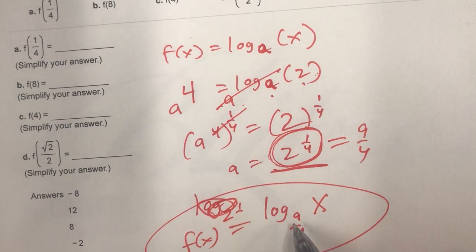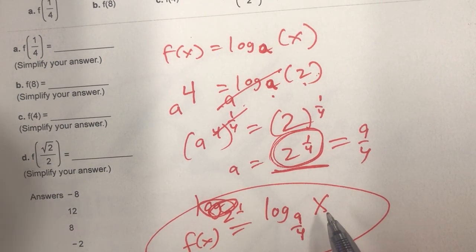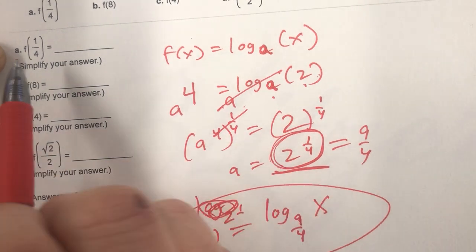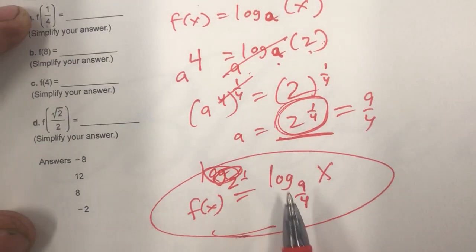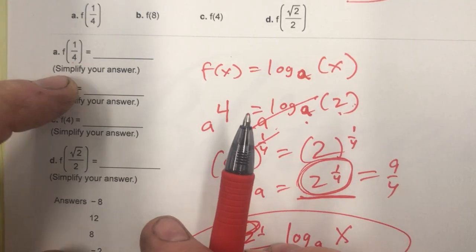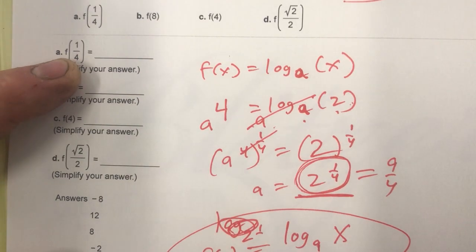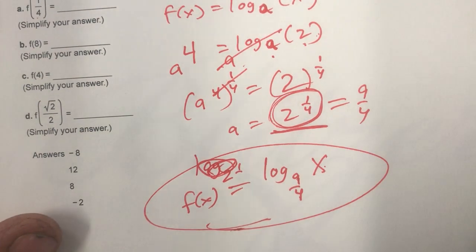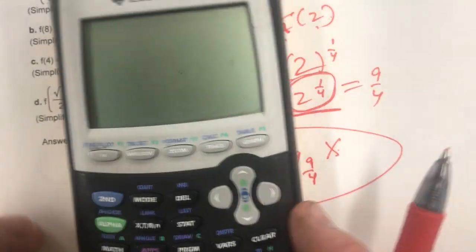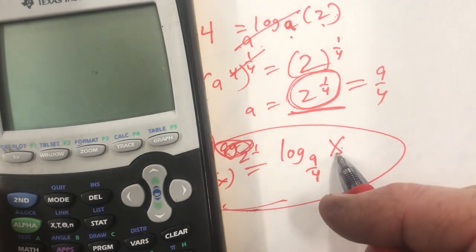Okay, log base 9/4 of x. Now it wants us to do the function value of 1/4. Okay, so there's my function now. So it wants to do f of 1/4. So I'm going to put a 1/4 right here, and so we just type that in the calculator if you want to. Okay, so I'm going to put 1/4 here for x.